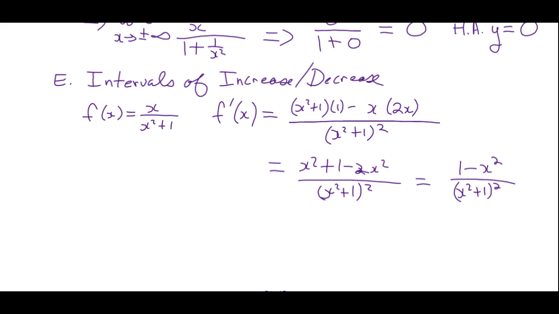Okay, so let's work that out then. Let's go to a new page here. So f prime of x is greater than 0 when 1 minus x squared is greater than 0. So we want to factor that. We can just do the two factors and look at the cases.